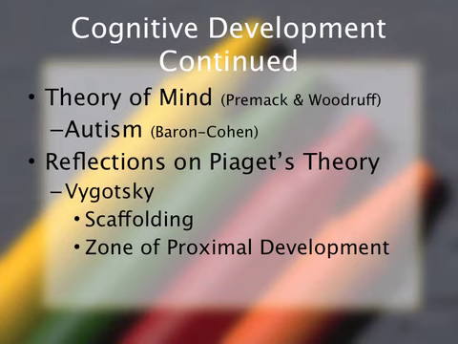Vygotsky actually believed that you had the ability to think more critically, or to think at a higher cognitive level than Piaget had initially thought, simply by having interactions with people that would encourage you to think at a higher level. And so thinking aloud, instead of relying on inner speech, would be something that was characteristic of a young kid.